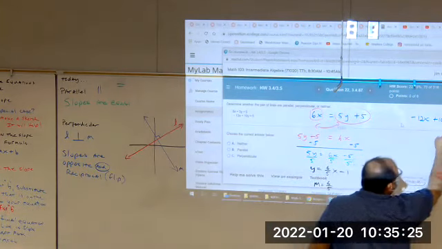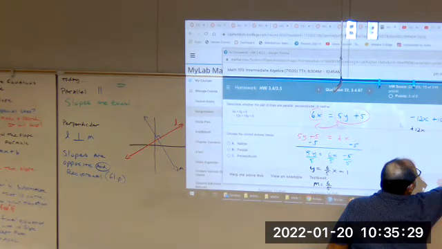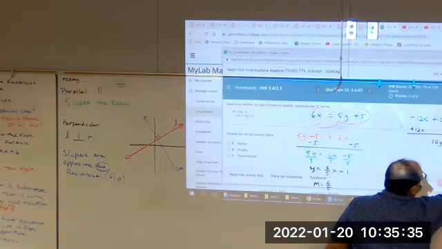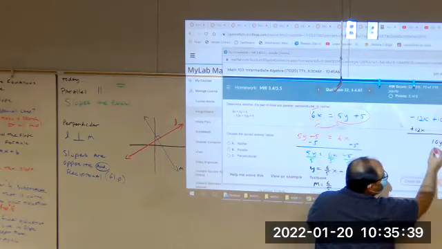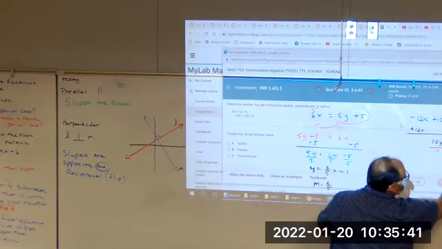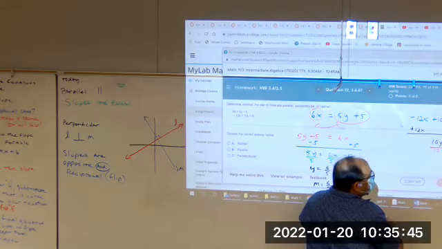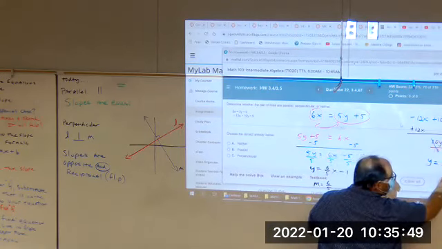So when I solve for y, I'm going to add 12x. I have 10y equals 12x plus 5. And everybody gets divided by 10. Make sure you simplify. Here's my y. 12 over 10.